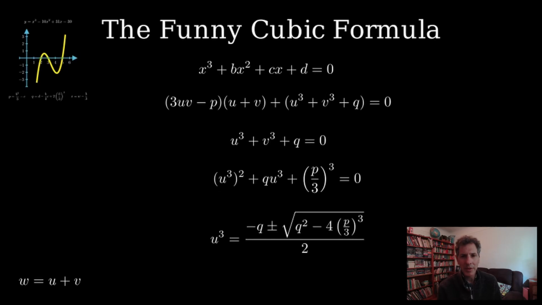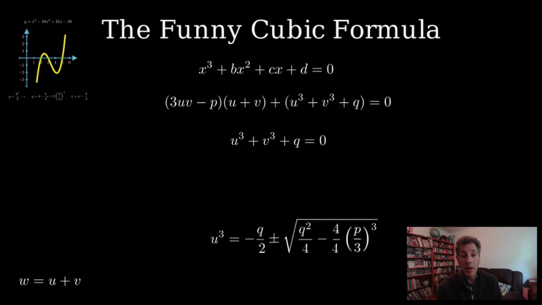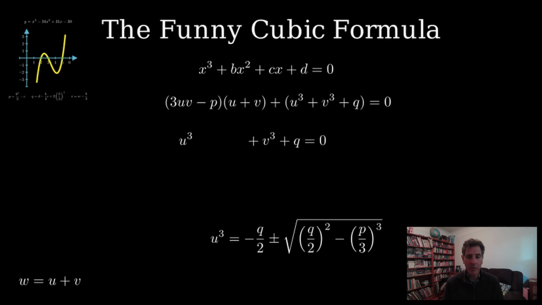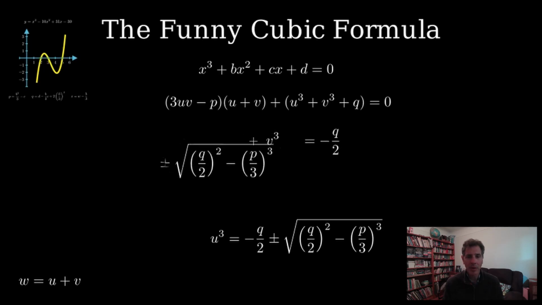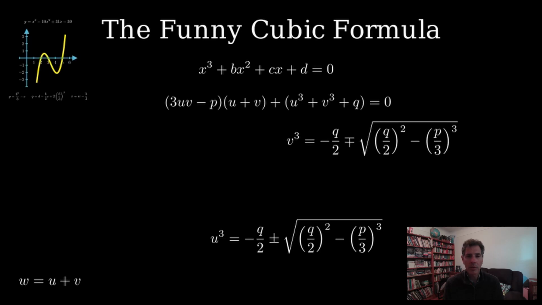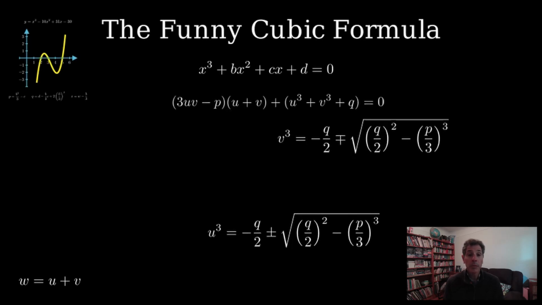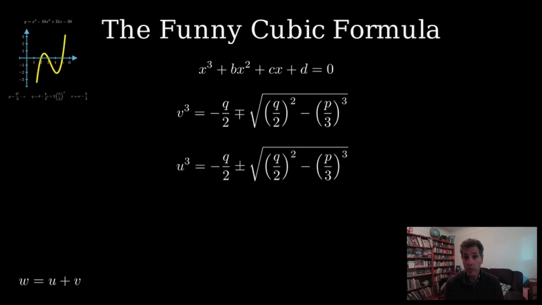Let's clean this up a little. And notice that we can choose either the plus sign or the minus sign in this expression. We substitute this back into the previous equation to obtain a result for v cubed. With a little manipulation, we see that v cubed has the same form as u cubed, although the plus and minus sign are reversed. This means that whatever sign we choose for u cubed, we must choose the opposite sign for v cubed.